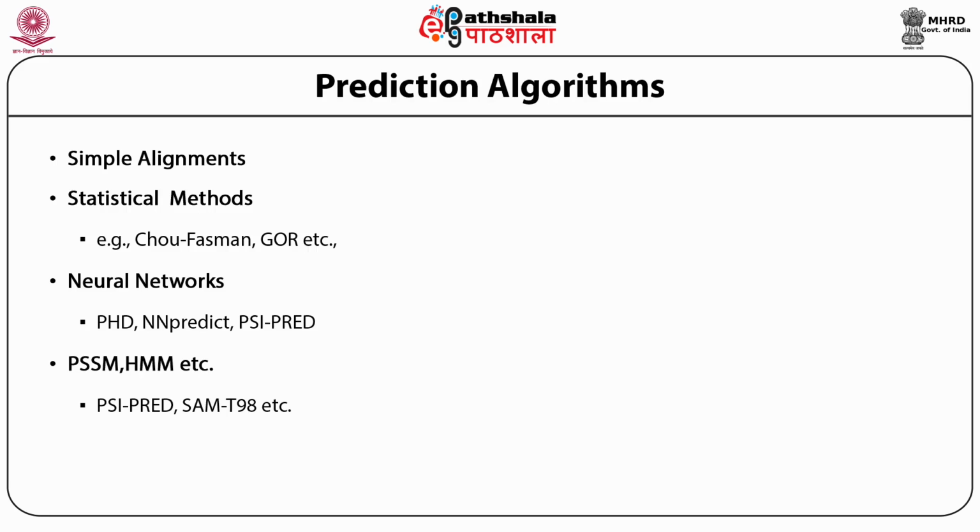So there are various algorithms using various statistical, mathematical, computational frameworks, and their levels of complexity are quite different, and the accuracy, as you will see at the end of these methods, is different.